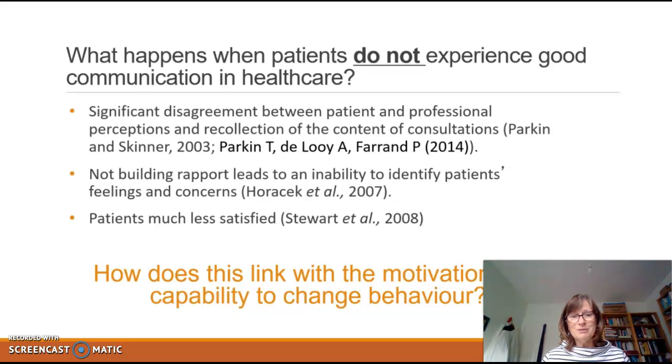If they've not had good communication, they've not felt that their needs have been heard, the answer is that's not going to happen. They're not going to be more motivated, they may be less motivated. They're not going to have increased capacity, they may have less because we haven't helped build their self-confidence, we haven't helped build their empowerment, we haven't empowered them. So in the next session I'm going to carry on and talk a little bit more about this.